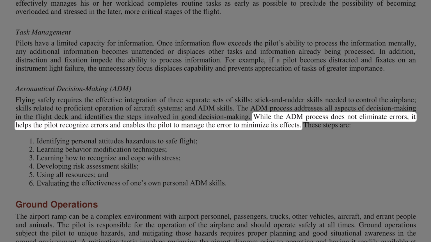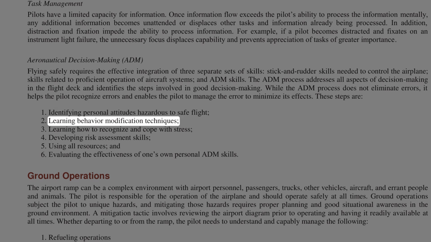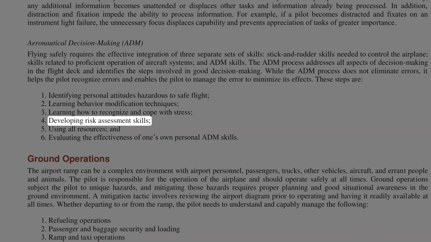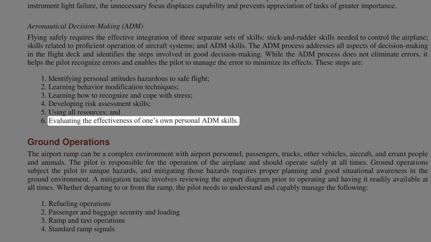While the ADM process does not eliminate errors, it helps the pilot recognize errors and enables the pilot to manage the error to minimize its effects. These steps are: identifying personal attitudes hazardous to safe flight, learning behavior modification techniques, learning how to recognize and cope with stress, developing risk assessment skills, using all resources, and evaluating the effectiveness of one's own personal ADM skills.